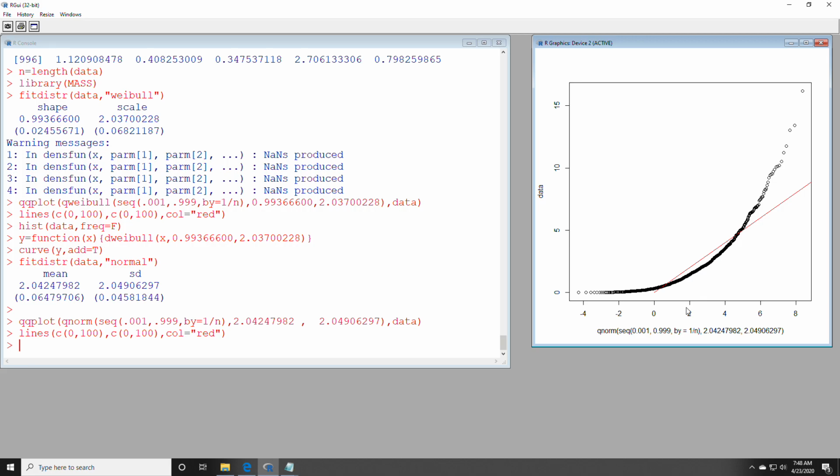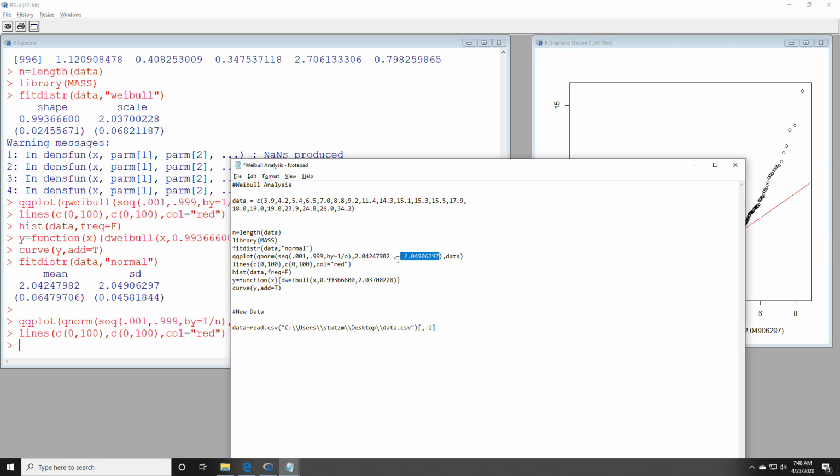From this, there's really no need to look at the histogram. We should be able to tell that a normal model is just not appropriate in the slightest to model this data. But just to see how horrible this looks on the histogram, let's go ahead and look at it.